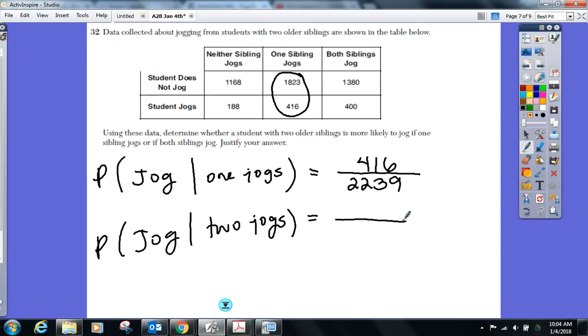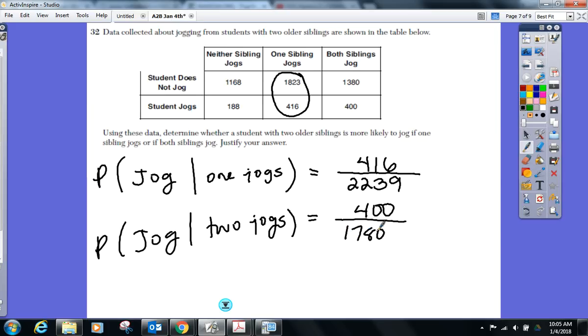How many ever fall in that category? 400 out of how many total have two siblings who jog? What's our denominator? 1,780.